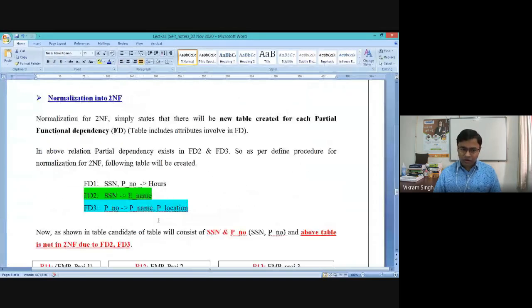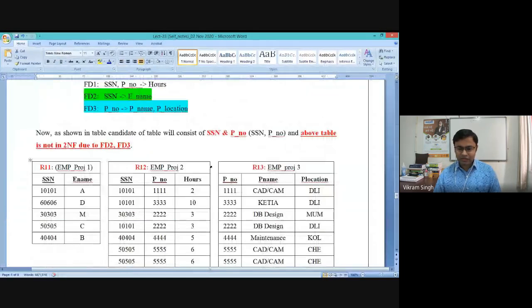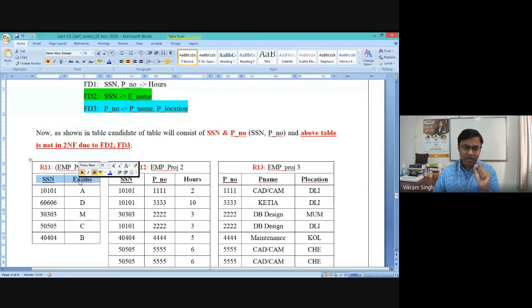Now, how to normalize? Normalization is like this. Based on FD1, because FD1 is following the condition of second normal form, the attributes in FD1 are kept in the R11 relation, that is the first relation.